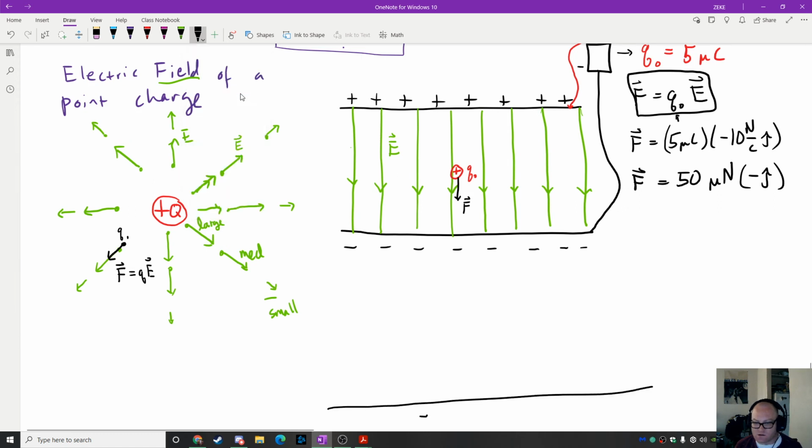So if this is Earth, then the Earth has what we call a gravitational field, and we use the symbol g. And what's the value of it? Well, it's about negative 10 meters per second squared multiplied by j hat, where j hat is just the downward direction, right? And what does that look like? Well, it looks exactly like the field between two plates.